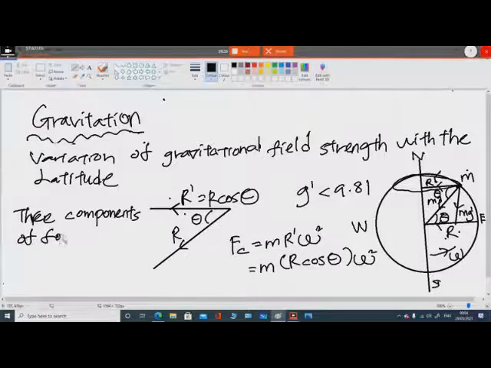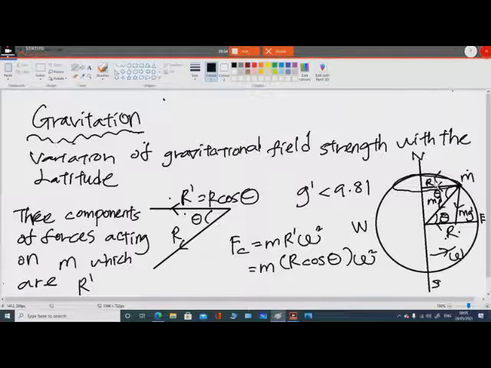What I mean is force. So this force here is actually equal to m r cos theta omega square.